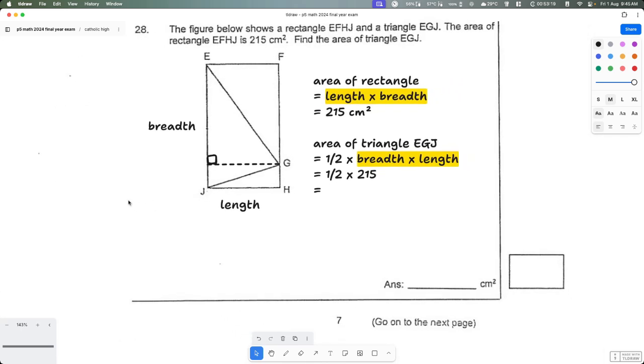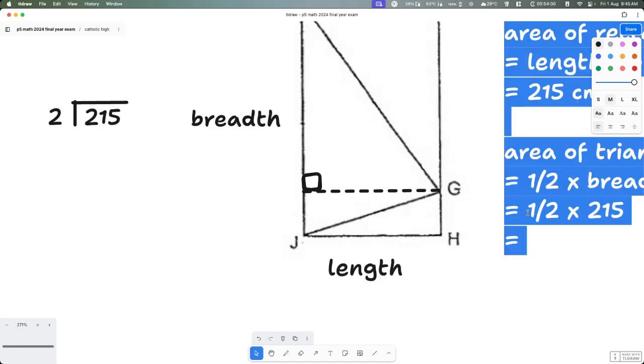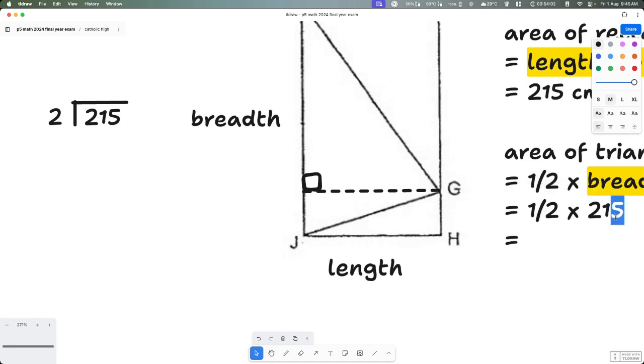So let me do the workings. Okay, so basically half of 215 over here. First we can minus 2, so that means this is 1. Okay, so we minus 2 over here. And then we will bring down the number 15 below.